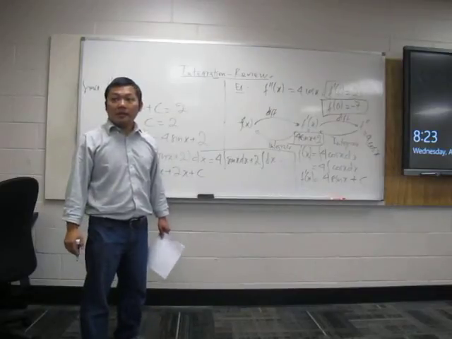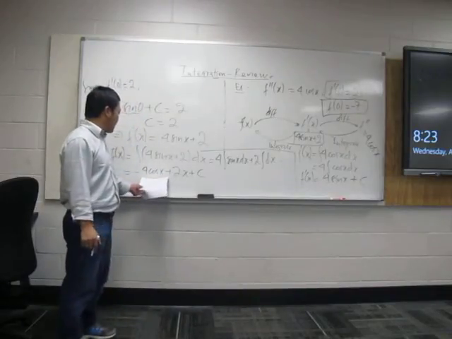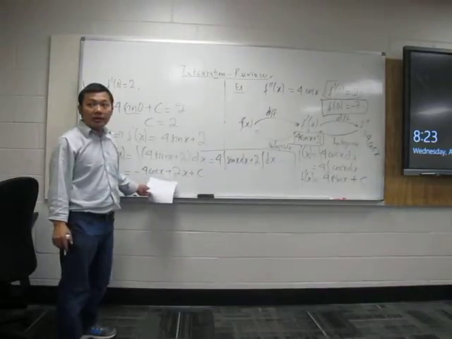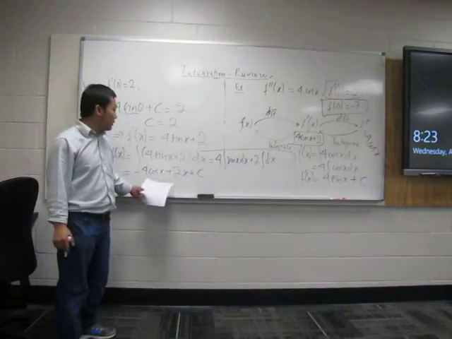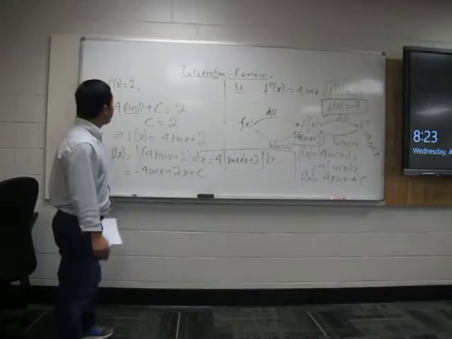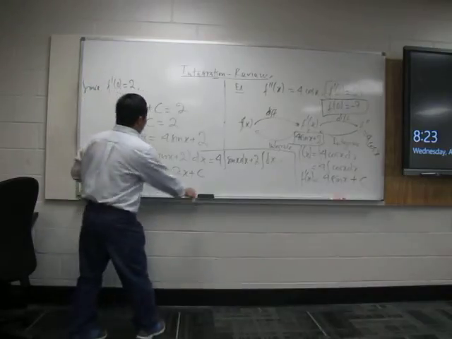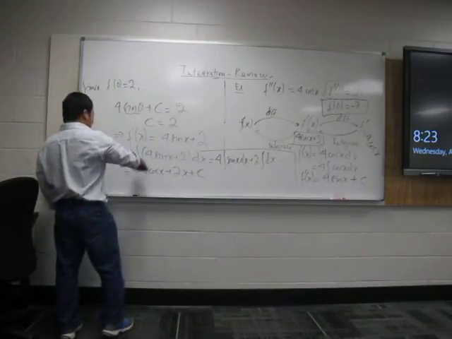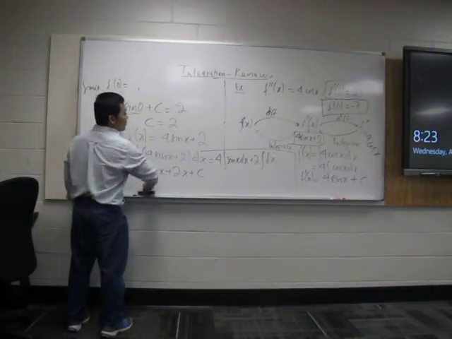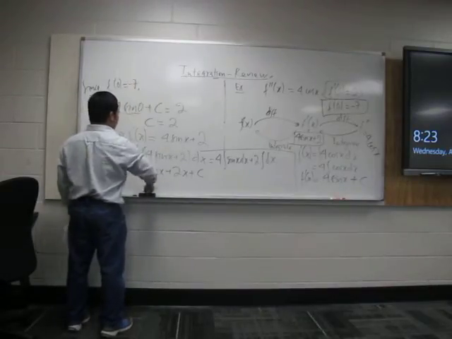Make sense? So now you plug 0 into this function and set it equal to negative 7. I will erase this part, okay? F of 0 equal to negative 7.